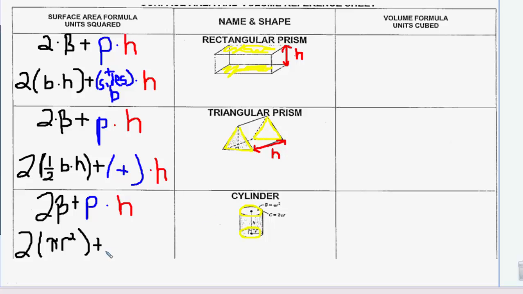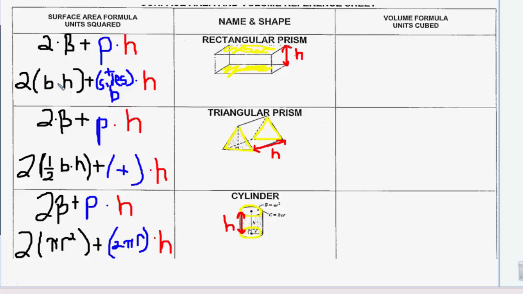Since my base is a circle, remember it has a special formula in itself, so it's going to be 2 pi r. And then the height of your cylinder, again, is going to be whatever is connecting those 2 circles. Okay? So hopefully you're seeing the differences and the slight similarities between all of them.